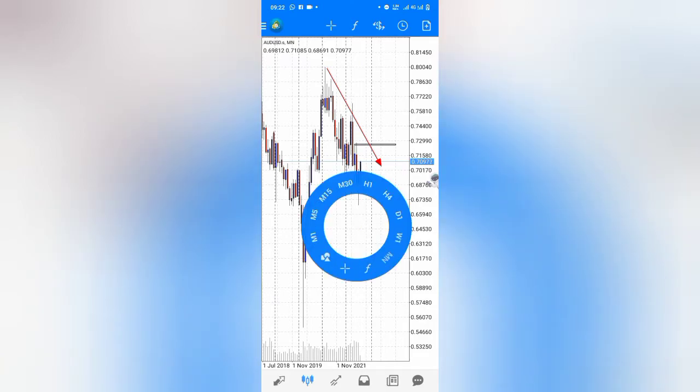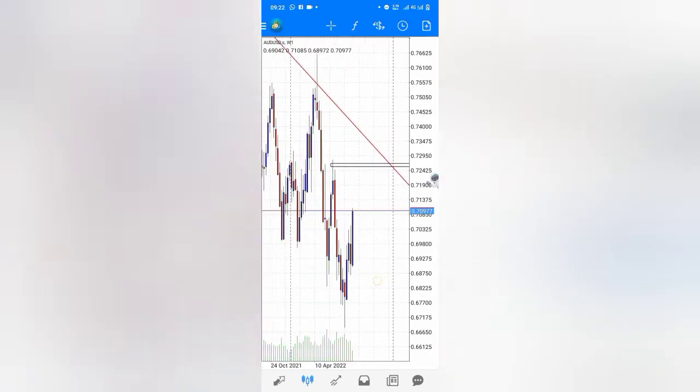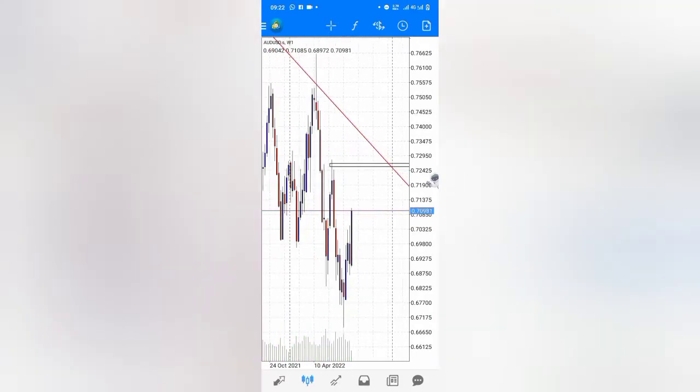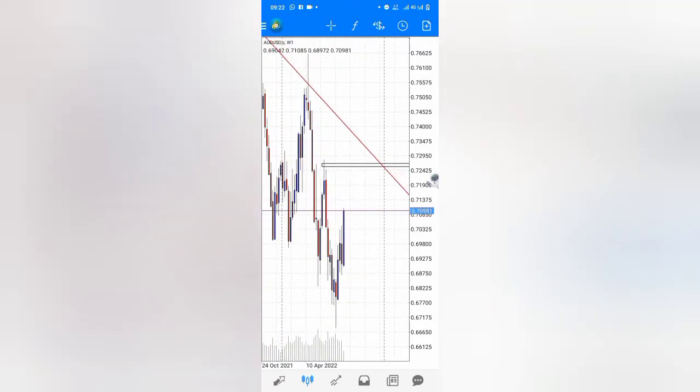So now let's go back to weekly time frame. Now this is weekly. Do you see the line I drew the other time? Yes, that is the monthly line. But now on the weekly, each candle represents 1 week. I have already explained that one in my videos. So if you see these candles now, 1, 2, 3, 4, 5 candles, you will see that the price at that period of time in the weekly is an uptrend.